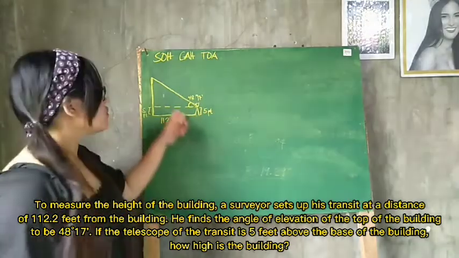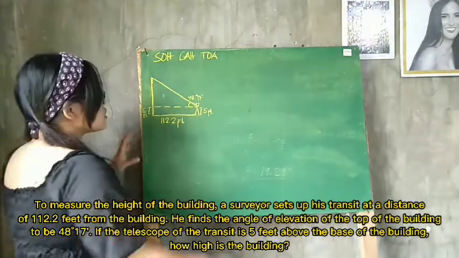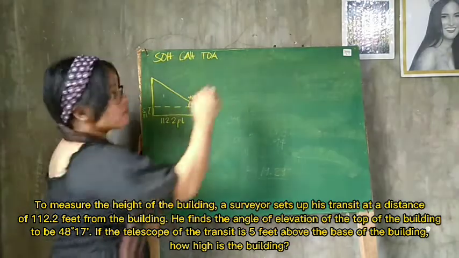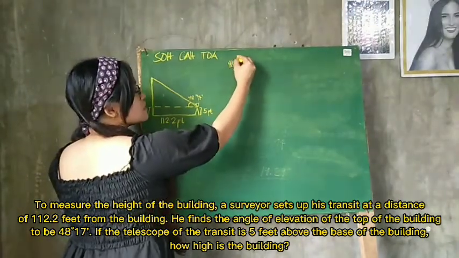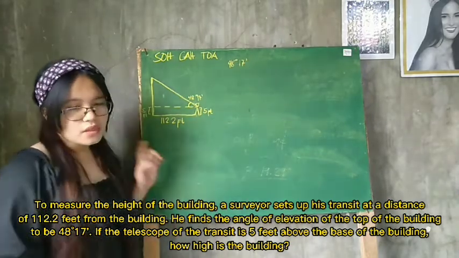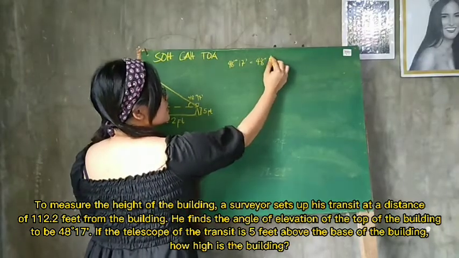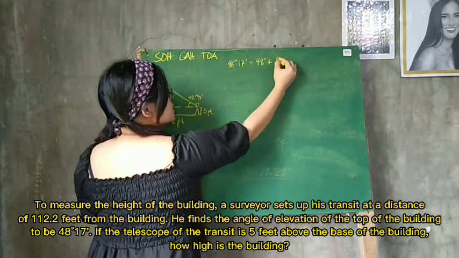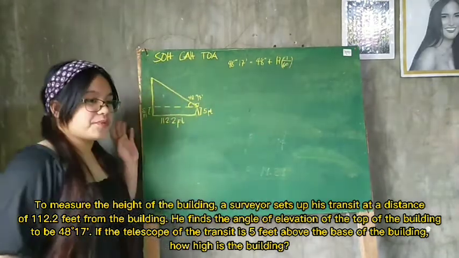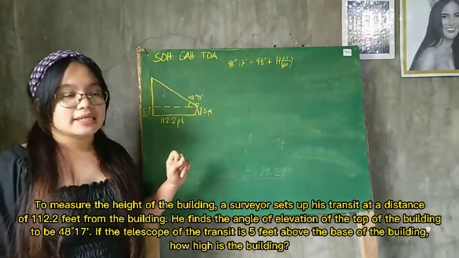So first, let's convert the 48 degrees 17 minutes into decimal. We multiply the 17 by 1 over 60, because in 1 degree we have 60 minutes.